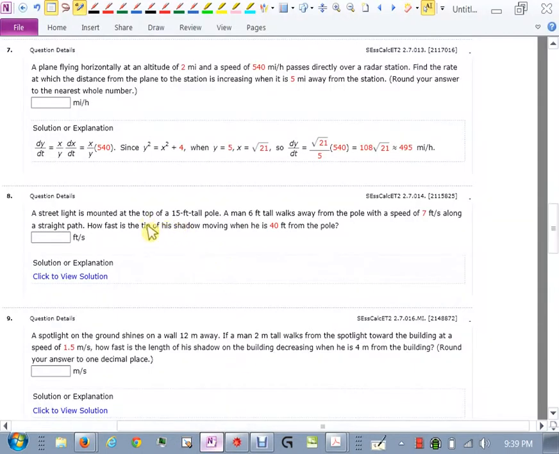Information again. We have a 15-foot pole, 6-foot man. His speed is 7 feet per second. 15-foot pole, 6-foot man. So let's say this is our pole. Here's our light, right? It's giving off light. And it's 15 feet. That should not change.